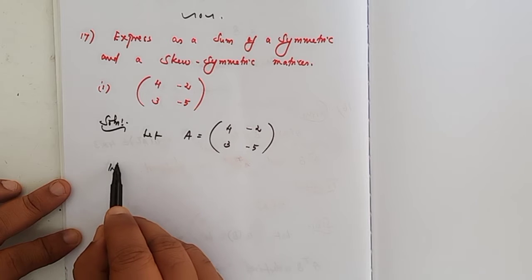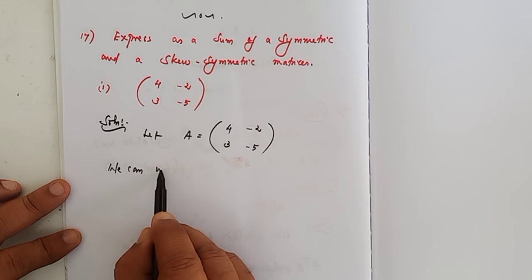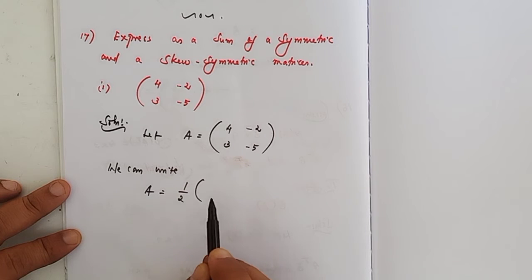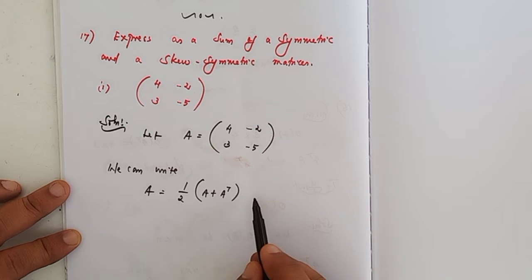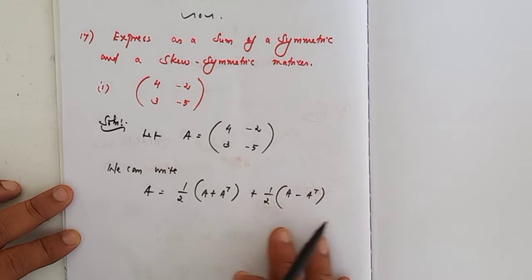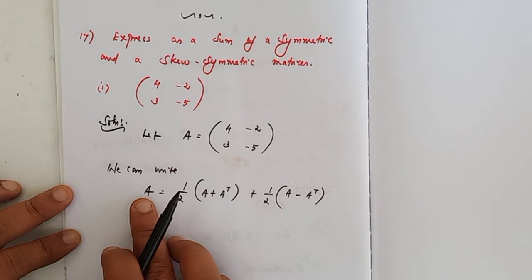We can write A as half of (A plus A transpose) plus half of (A minus A transpose). If you simplify, you will be getting A only.